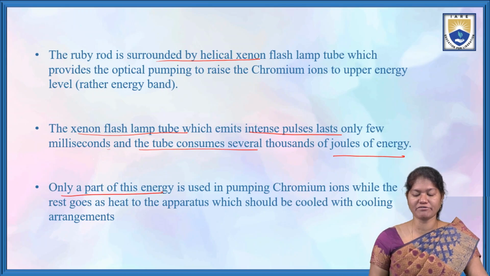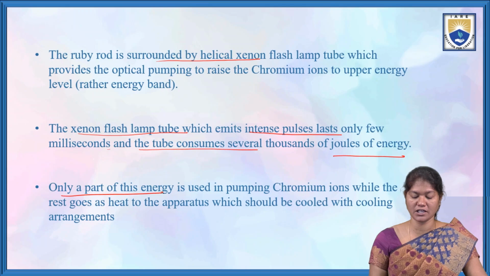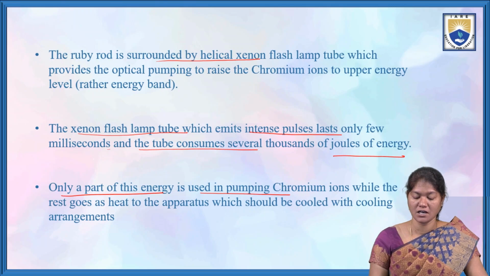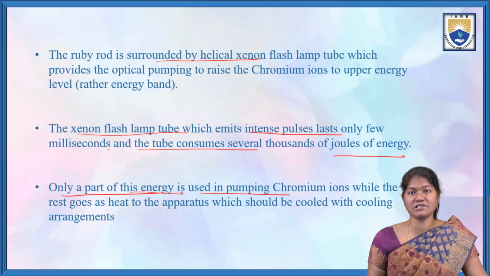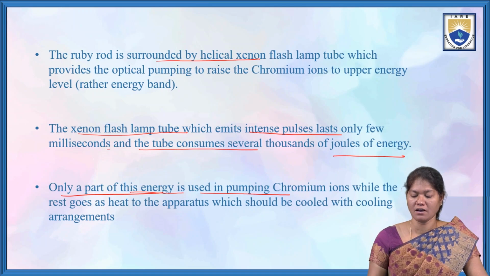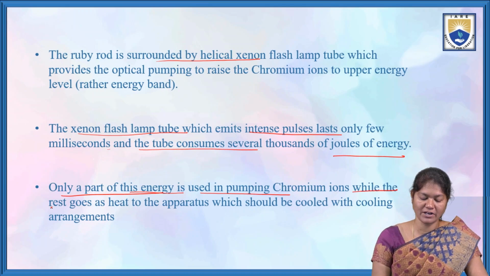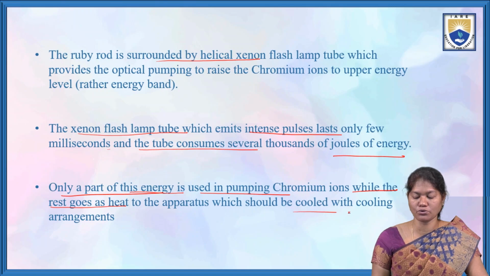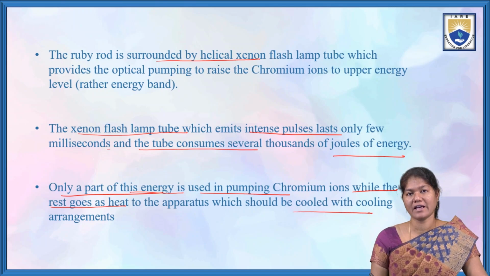Only a part of this energy is used in the pumping mechanism, that is, to pump the chromium ions. The remaining goes as heat to the apparatus, which should be cooled with cooling arrangements.